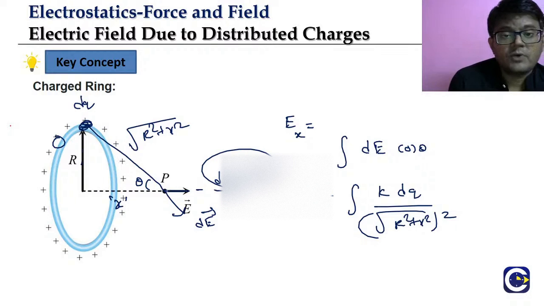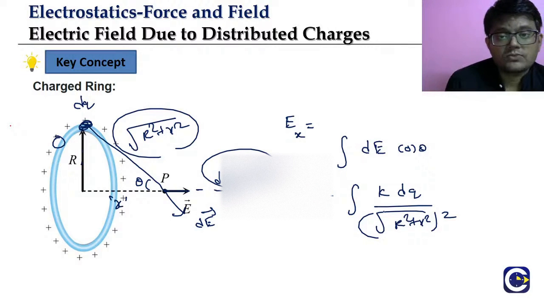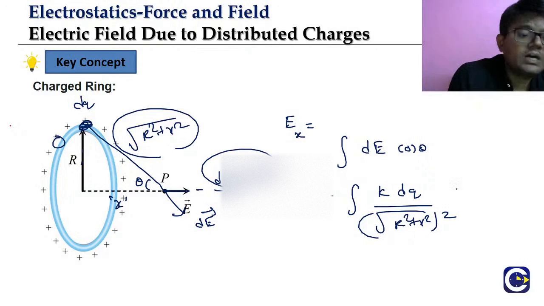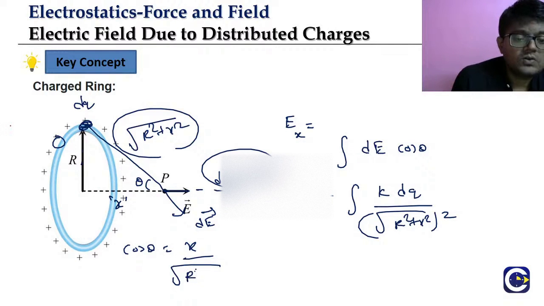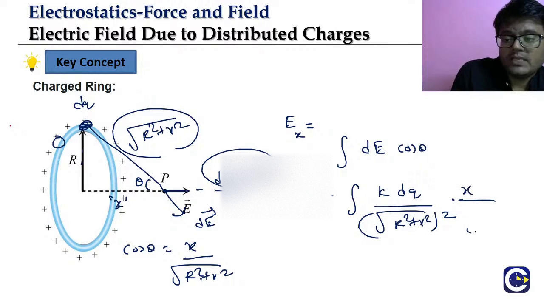What is the distance to the point P? Root of r square plus x square. So the distance is squared, and that is multiplied by cos theta. Cos theta is x by root of r square plus x square, base by hypotenuse.